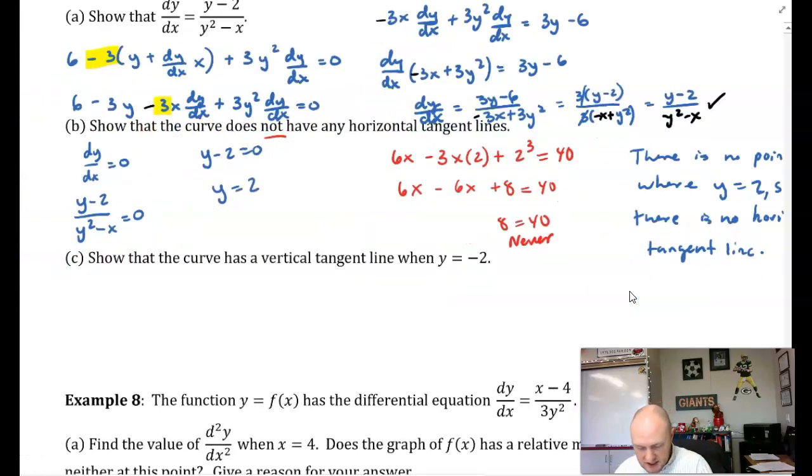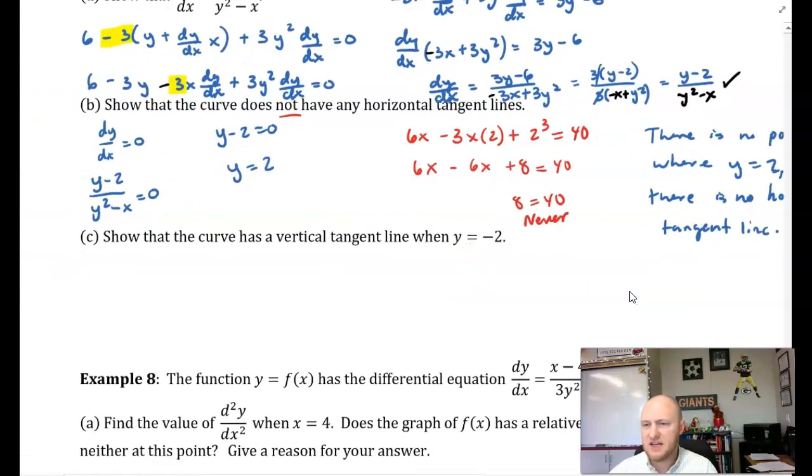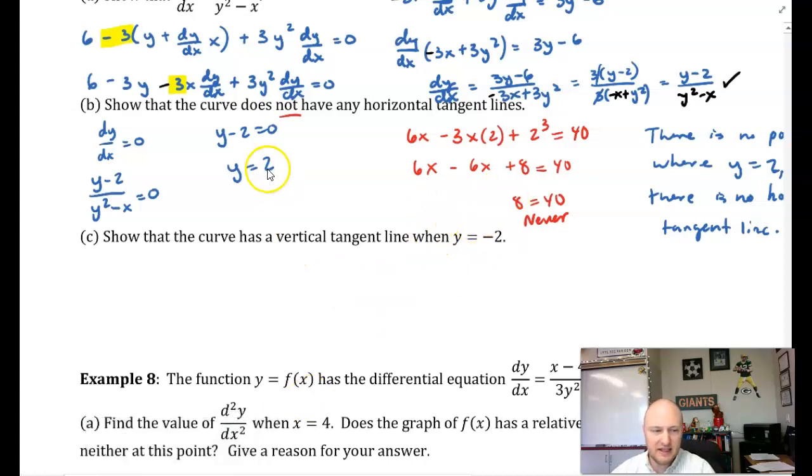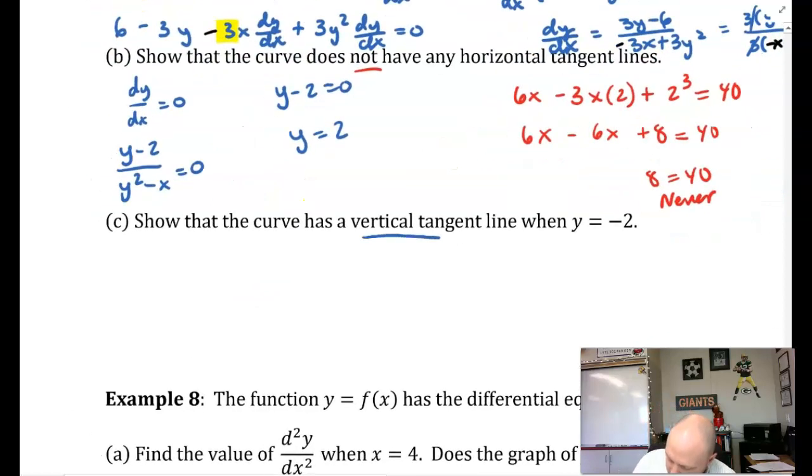All right, C. Show that the curve has a vertical tangent line when y is equal to negative 2. Okay, so I'm going to plug in y equals negative 2. And since I want a vertical tangent line, this is when the denominator will be equal to 0.